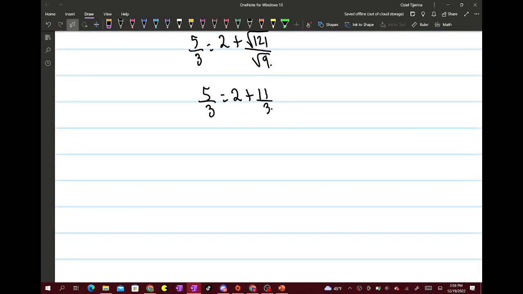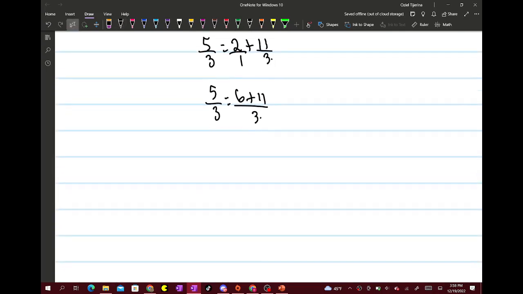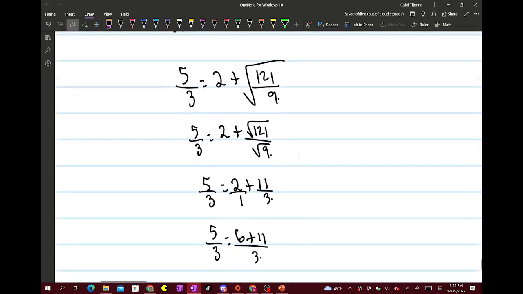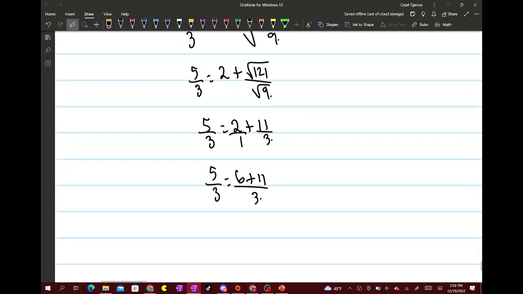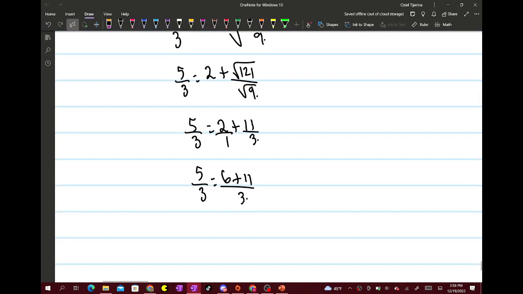And then obviously we would say 5/3 is equal to 2 over 1 plus 11 over 3. So that's 6 plus 11 over 3. And obviously this would not be true, right? I'm pretty sure the square root of 121 is 11.